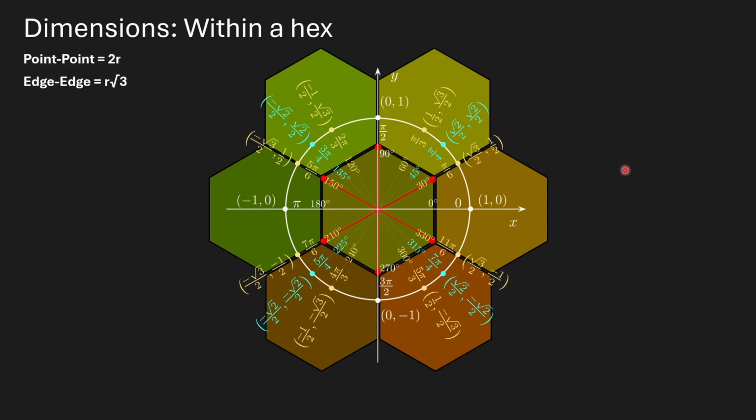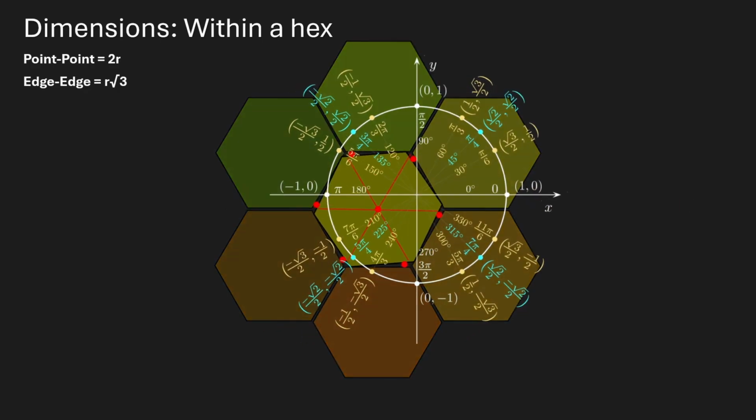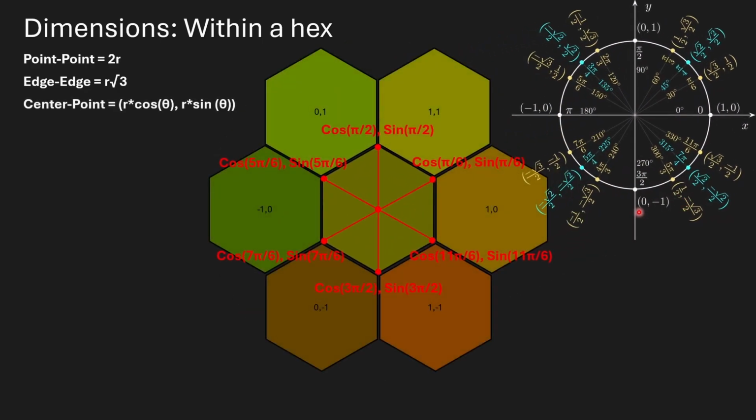If you're doing flat top, you don't want to rotate the unit circle. You'll have to use different angles. So for flat top, you would use 0, 60, 120, 180, and so on. A generalized formula for this is the radius times the cosine of theta for x, and the radius times the sine of theta for y.